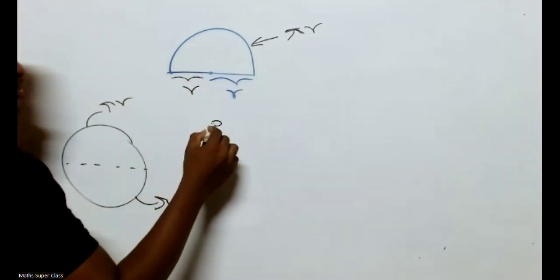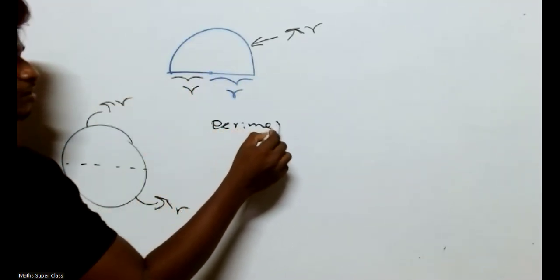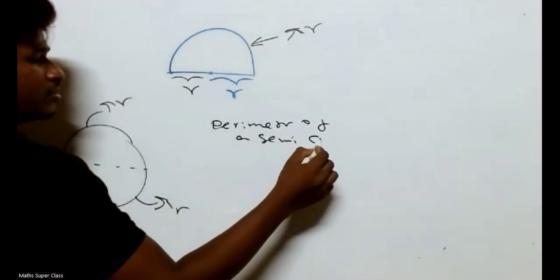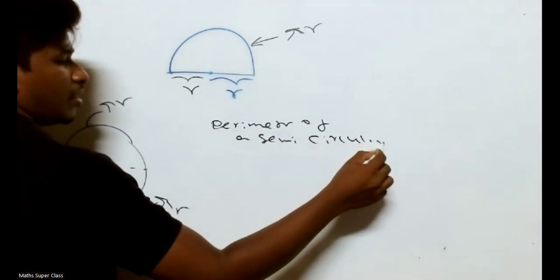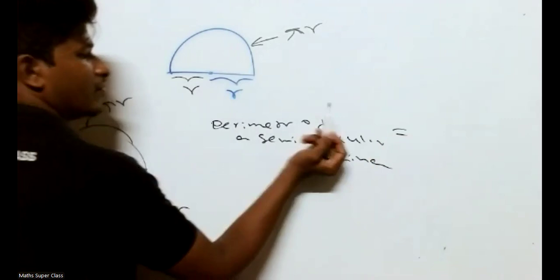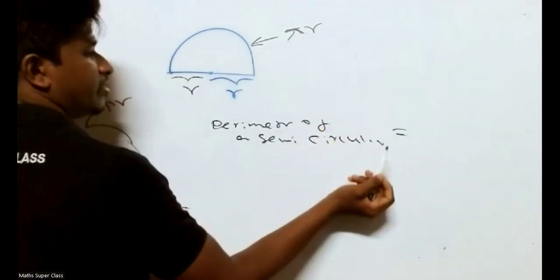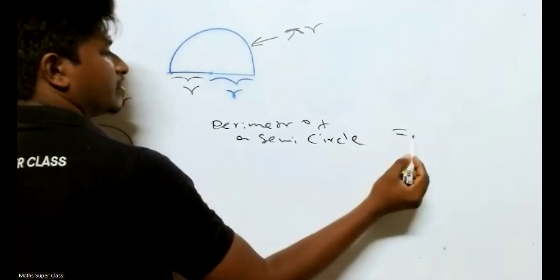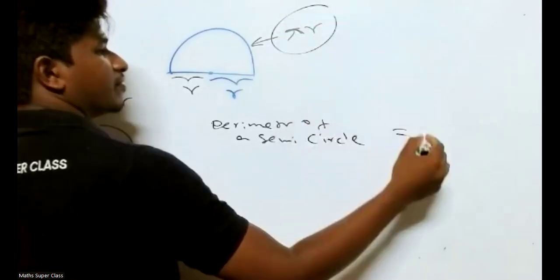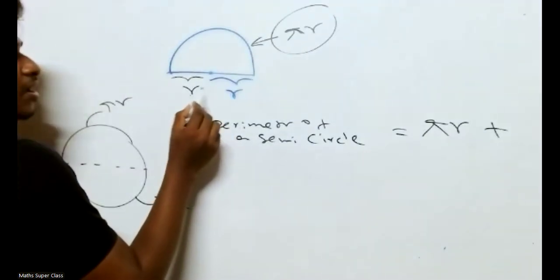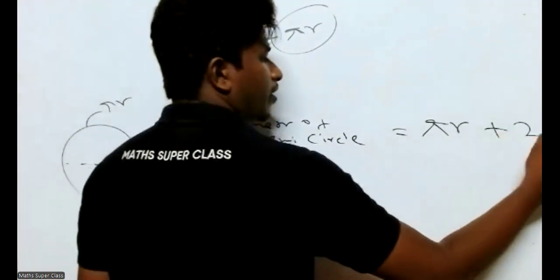That means perimeter of a semicircular lamina, that means perimeter of a semicircle, equals this is pi r plus this r plus r, 2r.